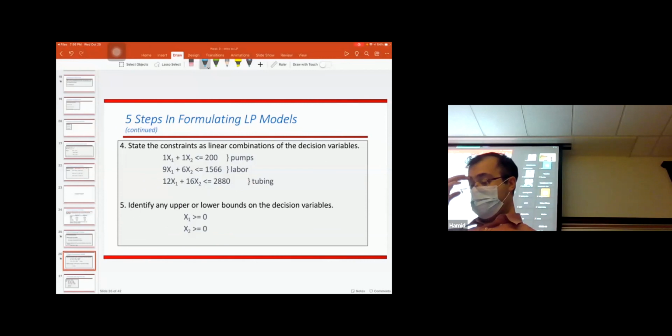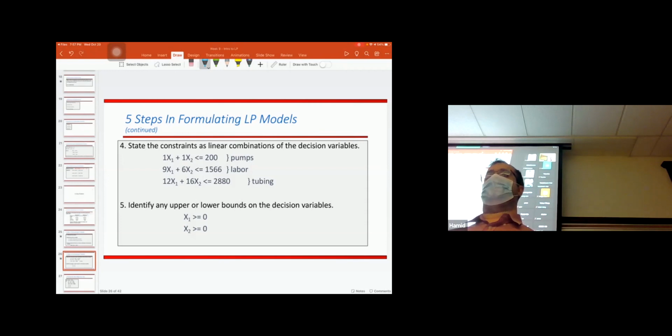So let's just put all of them together. The first one is about the number of your pumps. So your cap is 200. Let's say if you make 150 X1, you cannot produce more than 50 of X2. Same for labor. The first one takes 9 hours, the second one 6 hours.